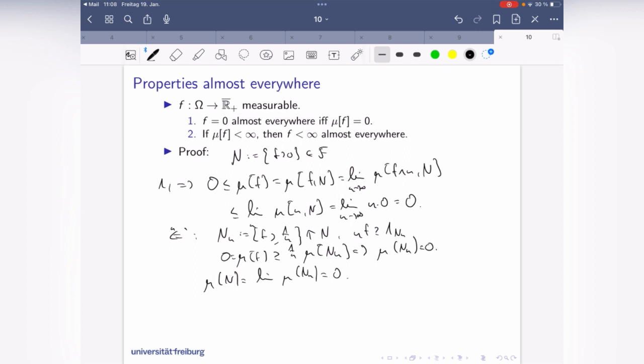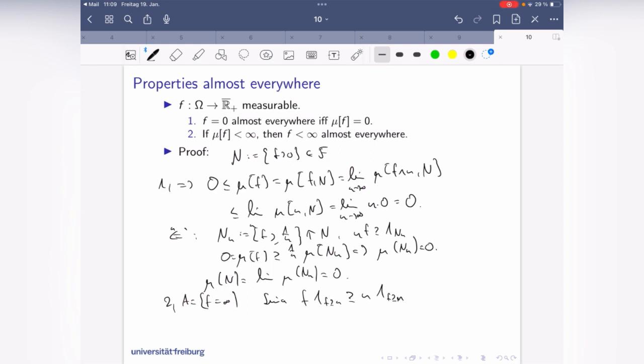And the second, that was here: if the integral is finite, then the function itself is almost everywhere finite. First, f equals infinity, that's a set which I call A. And I have f times the indicator of f bigger or equal than n is bigger or equal than n times the indicator function of f bigger or equal than n.